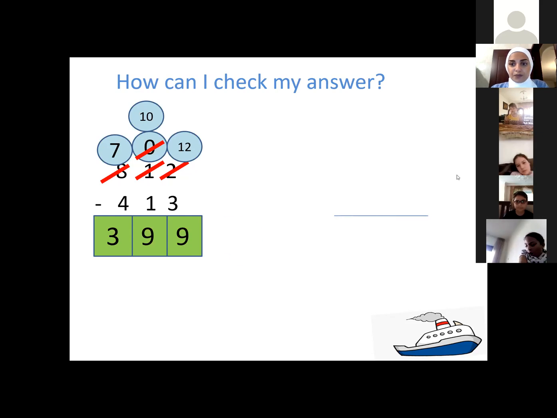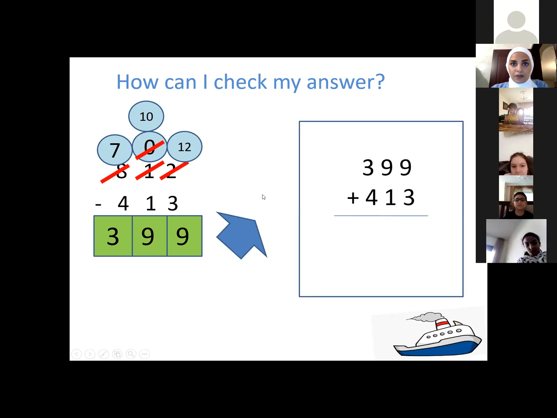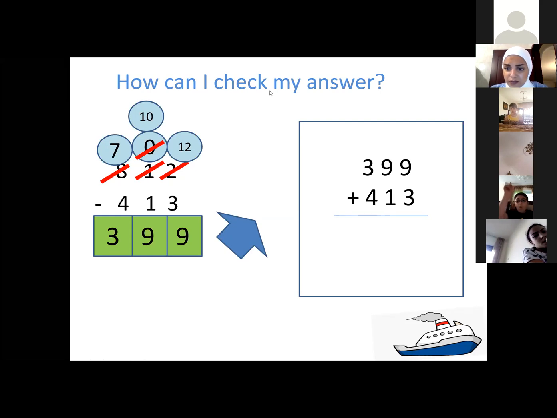Now, how can we check if Shuja's answer is right? We take the answer that he just found, and then we add it to the smaller number at the top, which is 413. What do you think we should get?